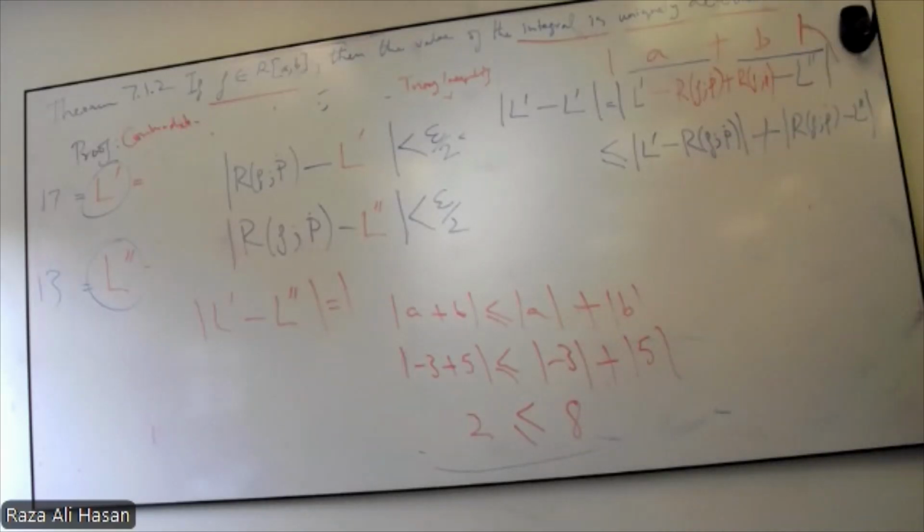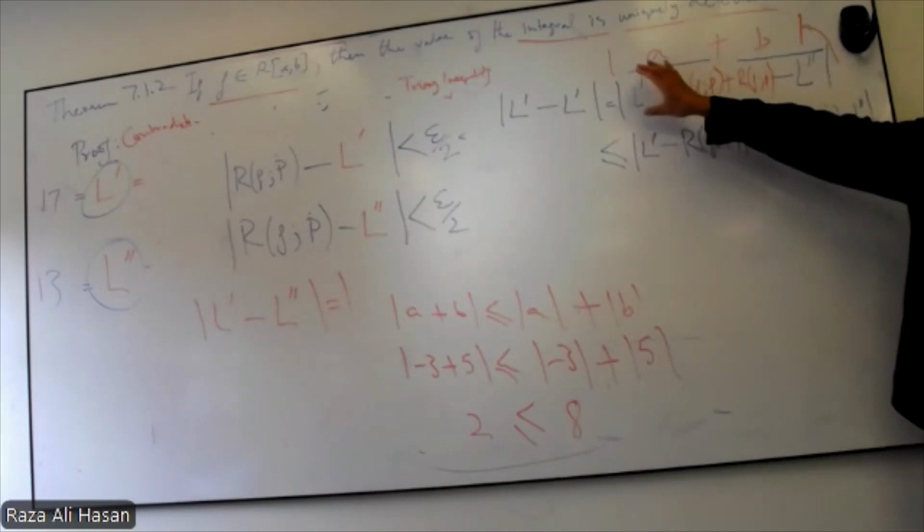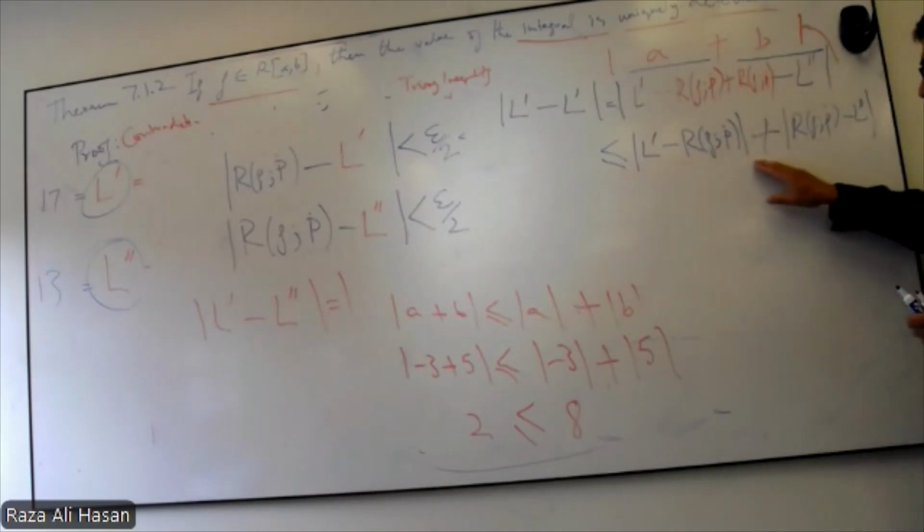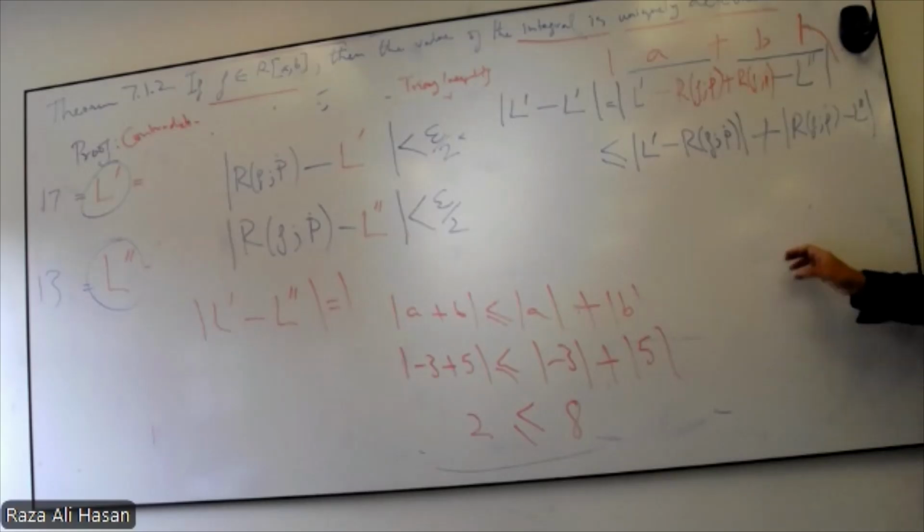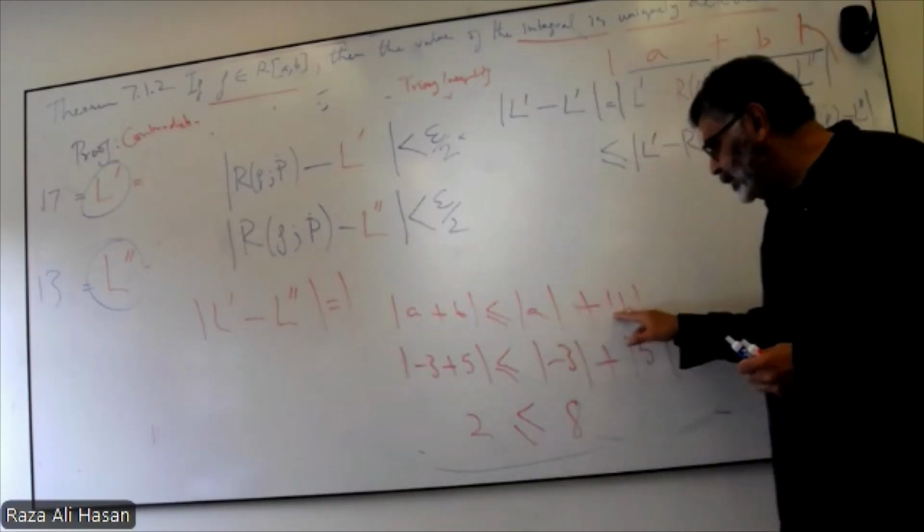Is that good? We just took that, and now we're saying this whole thing is less than this thing down here. Just like this whole thing is less than this thing.